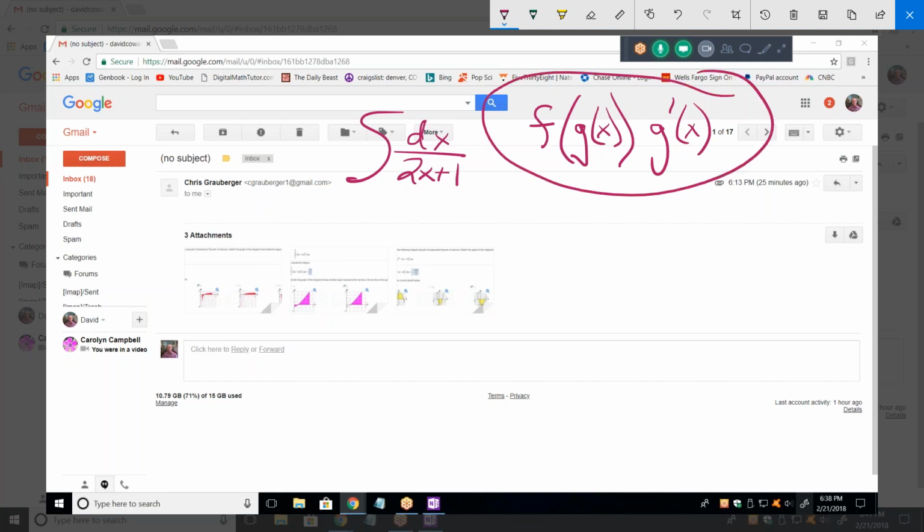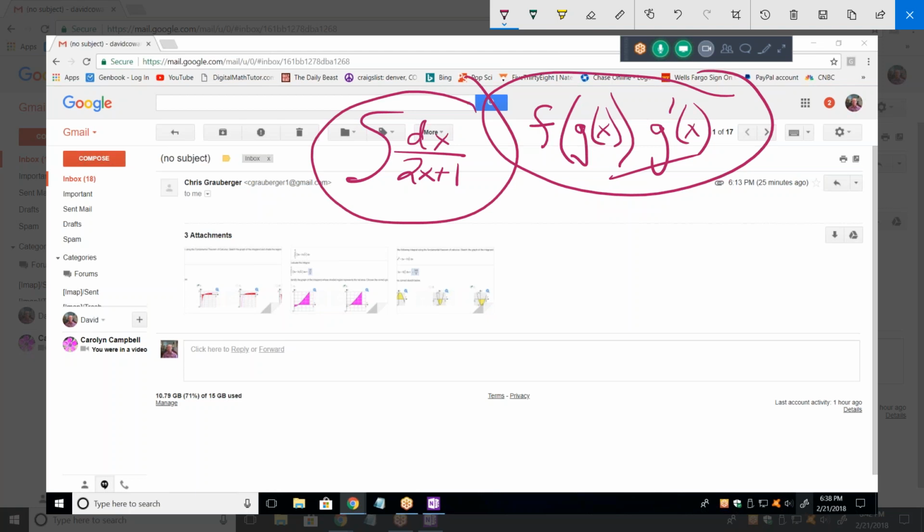When you see that, that is perfect for u substitution. And the other kind is merely called change of variable. And that's where you don't have anything that looks like that, but you have something that looks like that.